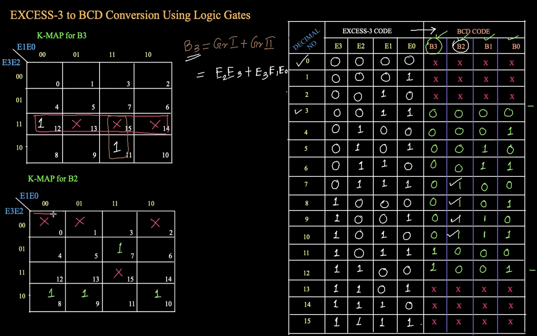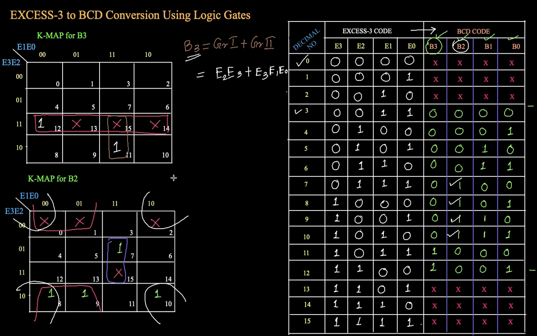So the first group we can consider in red color, the group should be like this. The second group is taken in white color, this one, this one, this one and this one. This is your second group, and the third group is here.